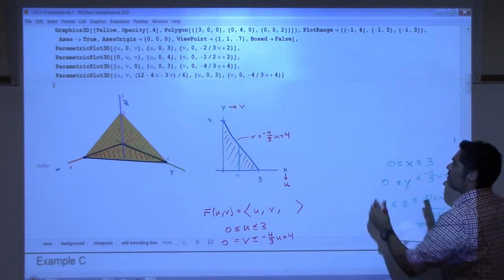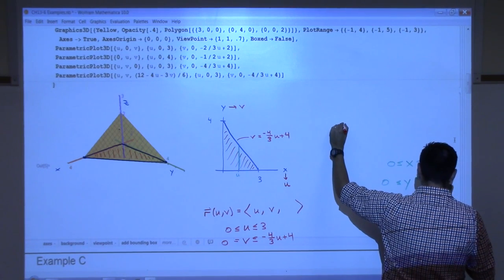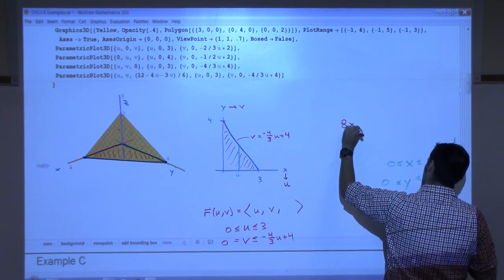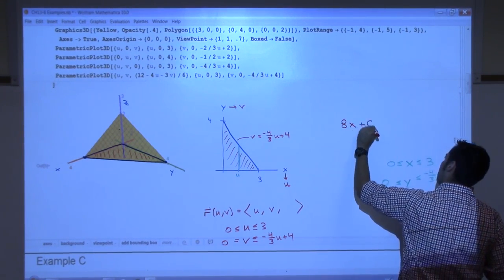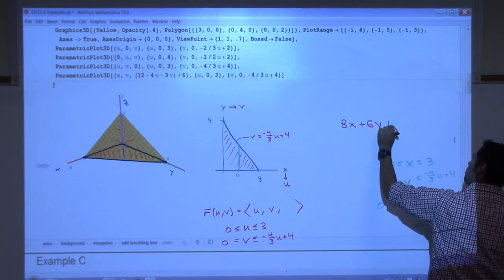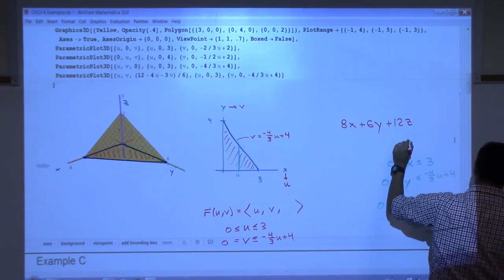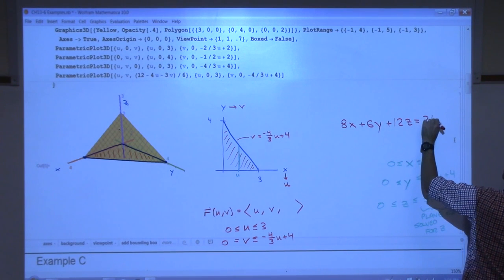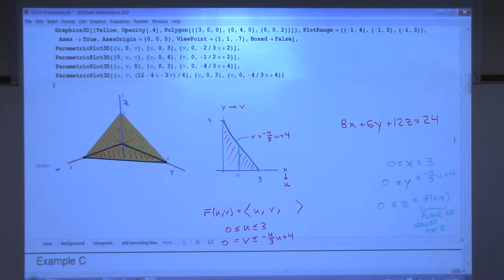Okay. So the plane equation, what I got was this, 8x plus 6y plus 12z equals 24. I believe that's what I got, and you can reduce that out. And if you solve that for z, should I just reduce everything by a factor of 3 right now, or a factor of 2?